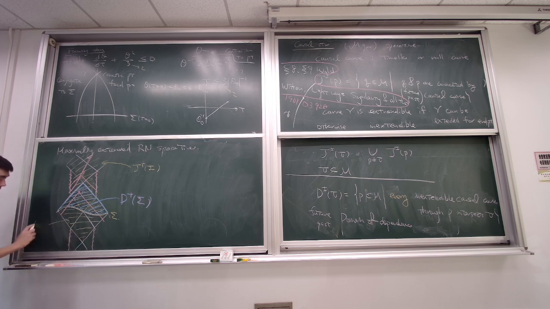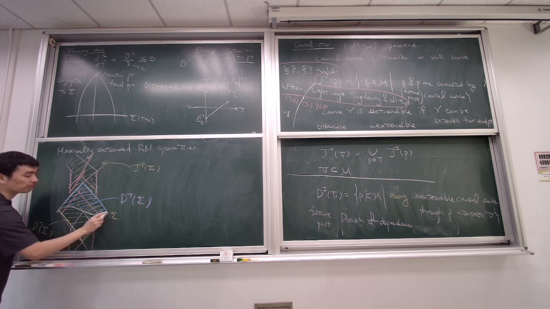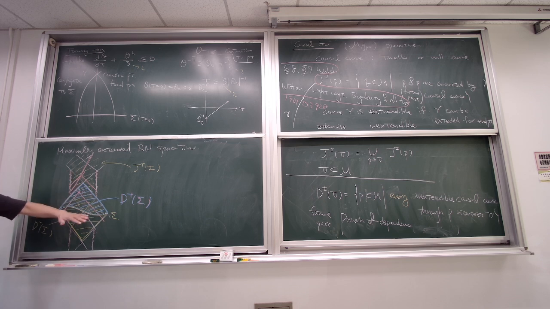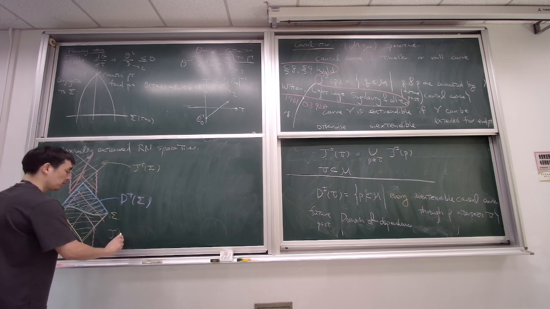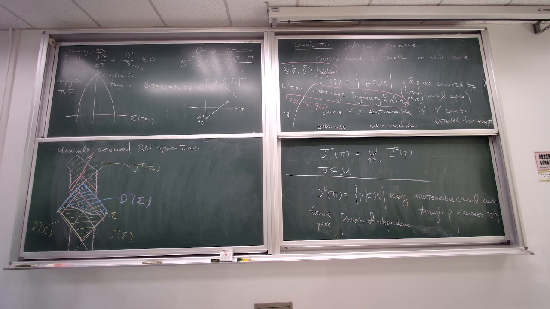This is D minus of sigma. And the rest of the bottom part is J minus of sigma. So that's how you define the future domain of dependence.